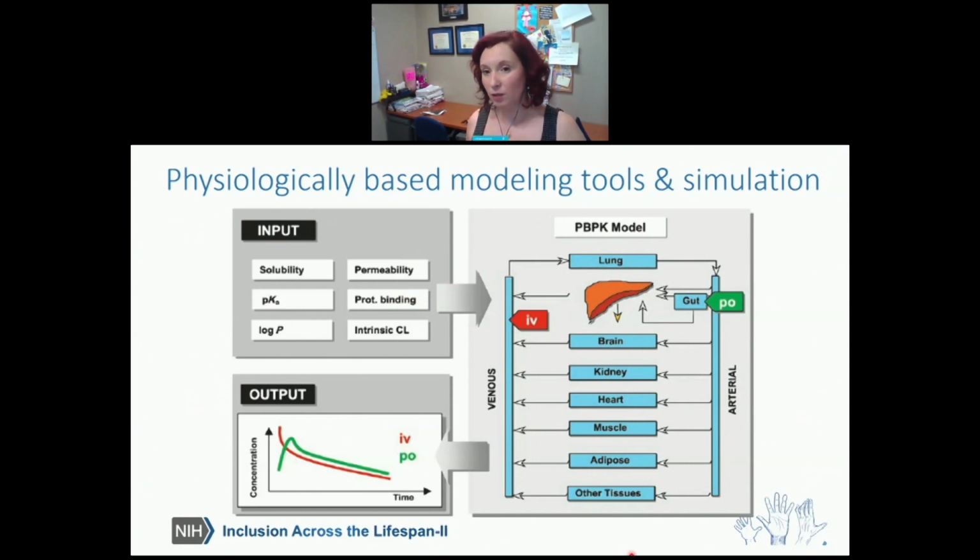The algorithm can be modified to account for pediatric physiology, for example, perhaps for the permeable gut we see in premature infants, or the small liver we see in smaller children. And the computer then simulates the physiologic condition and generates a concentration time profile of how that drug is going to behave in that pediatric population. So this can be a very powerful tool, especially if certain populations aren't available, to help us augment our data analysis and interpretation.